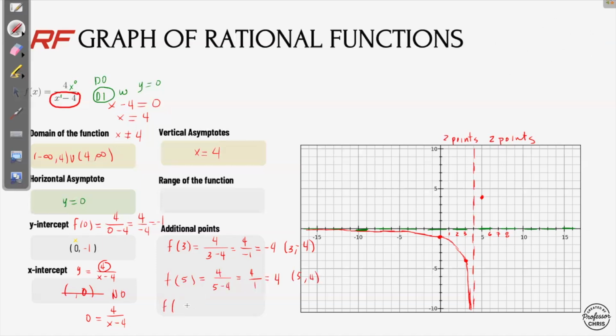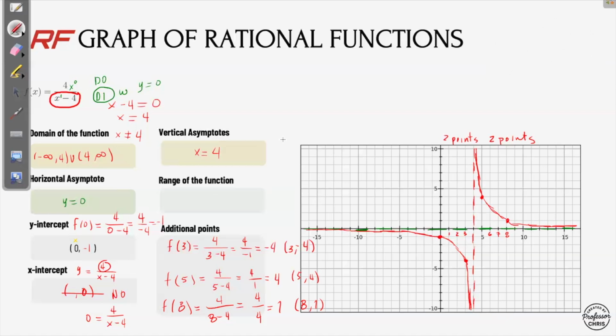Let's say I substitute an 8, f of 8 equals 4 divided by 8 minus 4. That ends up as 4 over 4. And you end up with 8 comma 1. So 8 comma 1 is there. And from this point, I'll be approaching the vertical asymptote. From this point, I'll be approaching the horizontal asymptote, and then I'll have the connection between the dots.